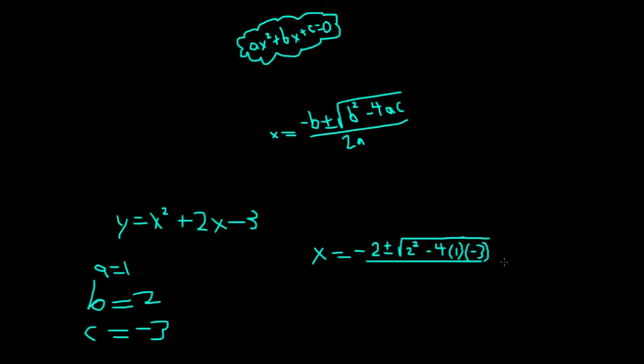And then that's over 2a, of course, but 2a is now 2 times 1 because 1 is a.